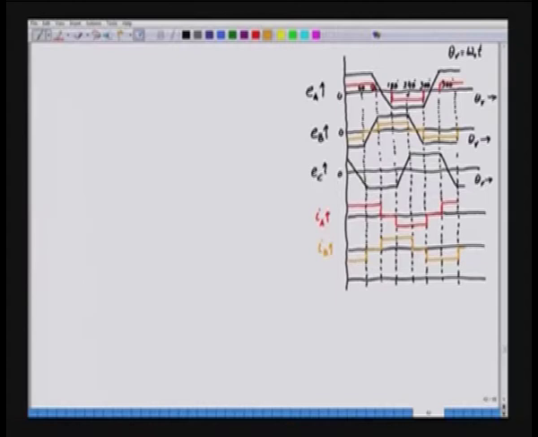Similarly, for phase C, we can have the current in the following fashion. This is the current, again a quasi rectangular current here.